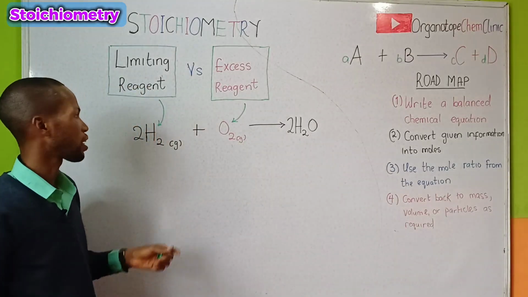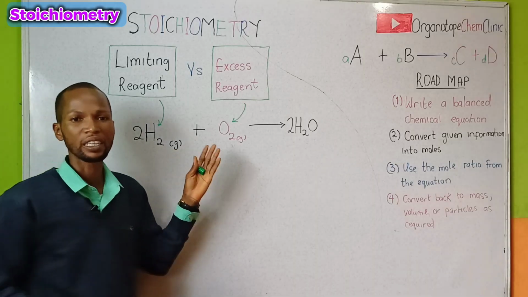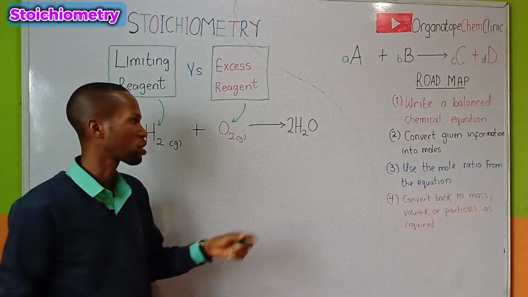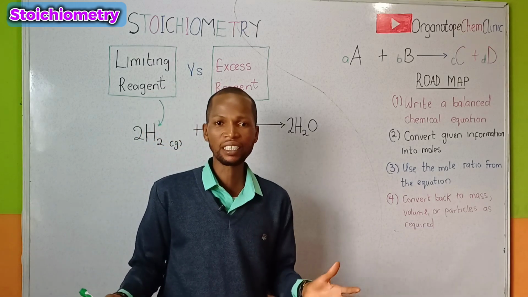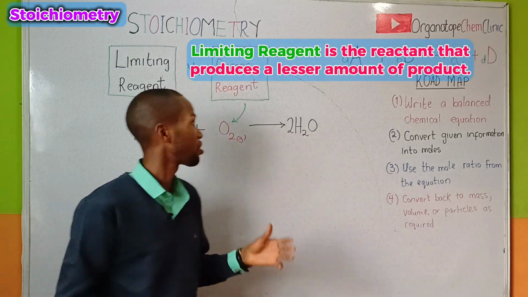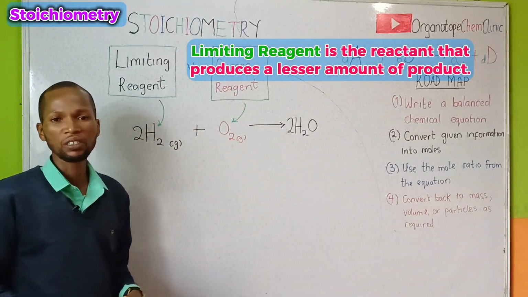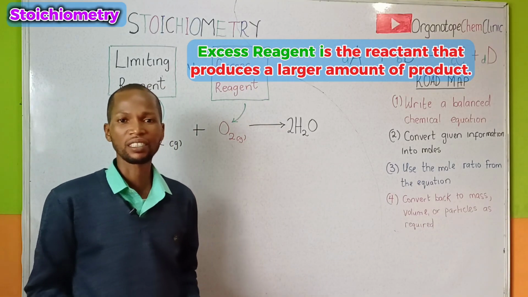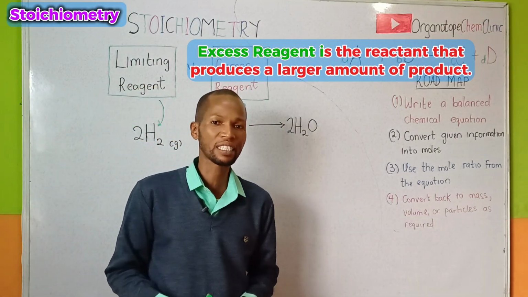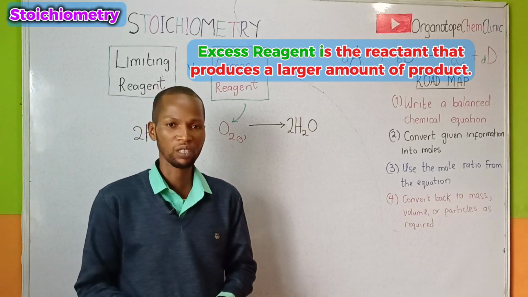Make sense? In other words, I can define limiting reagents as the reactant that produces lesser amount of the product, while the excess reagent is regarded as the reactant that produces larger amounts of product.